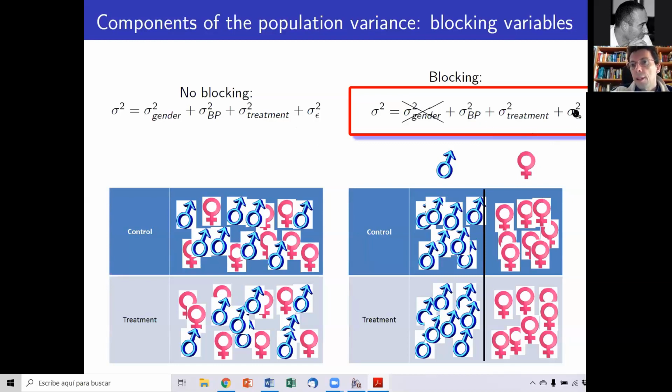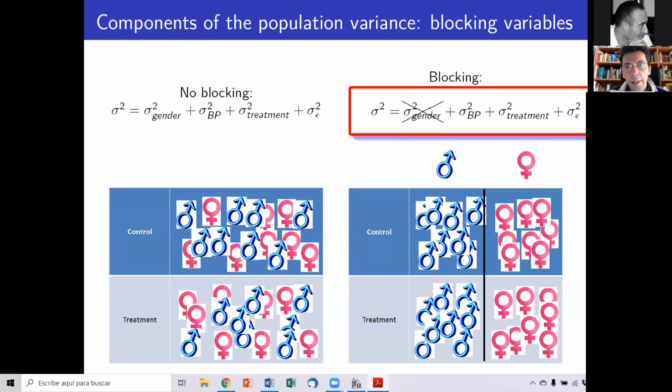So in this example here, I cannot explain the variability between people because I have not measured any genetic thing or whatever. I cannot explain my measurement errors, but I can explain the variability caused by the gender.